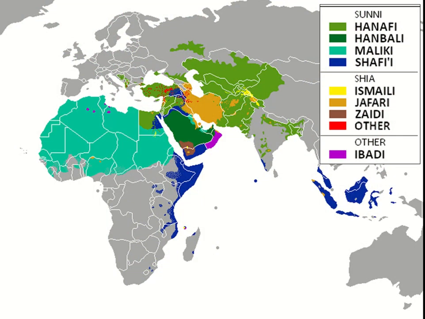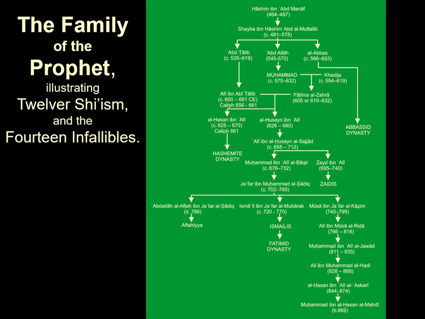In this map of the distribution of Islamic sects, it can be seen that Iran is predominantly of the Shia of the Twelver or Jafari sect. In fact, over 90% of the population is Twelver Shia. In this chart of the family of the Prophet, Muhammad, peace be upon him, is here.